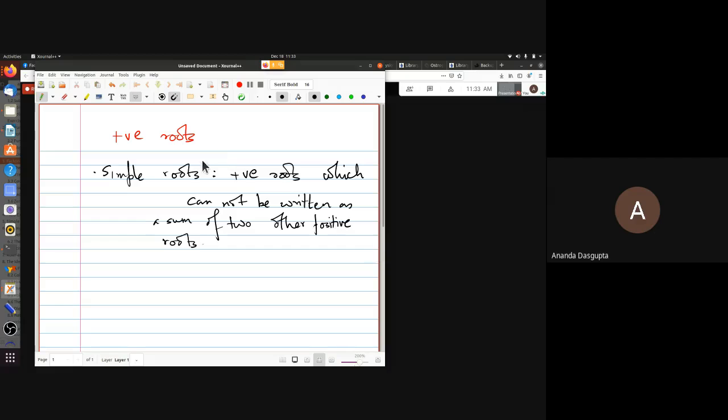The simple root, okay, let's drop the plurals here. A simple root is a positive root which cannot be written as a sum of two other positive roots. Okay. And then we went on to prove a few properties.